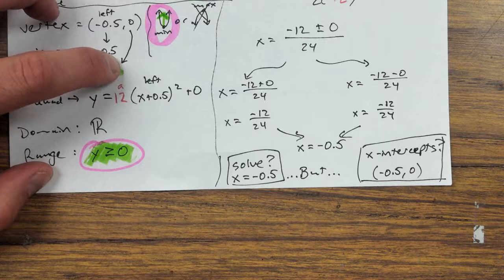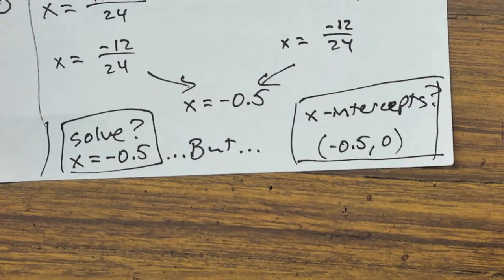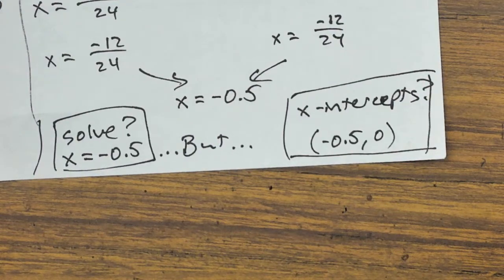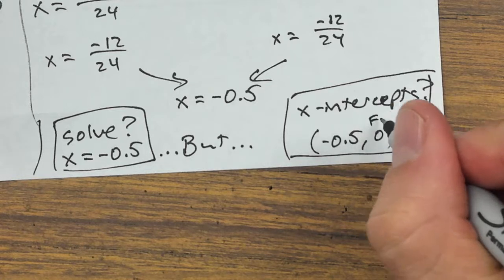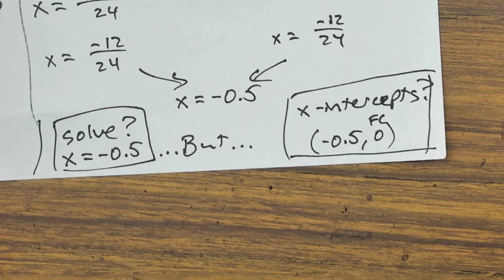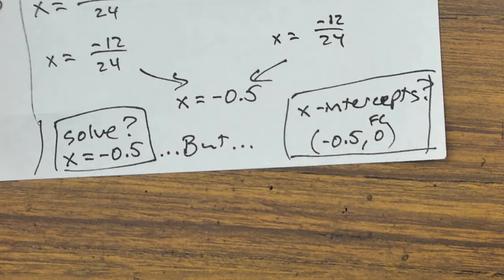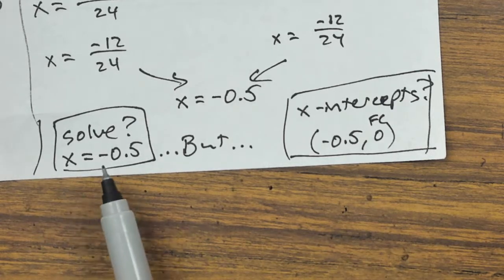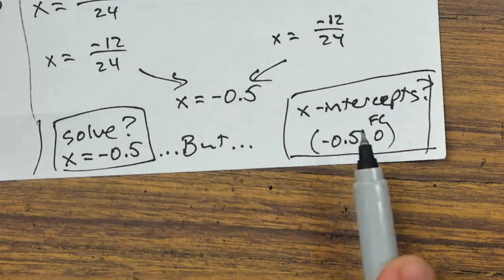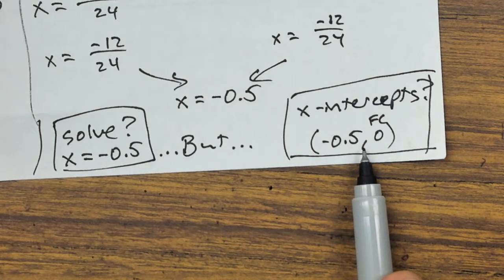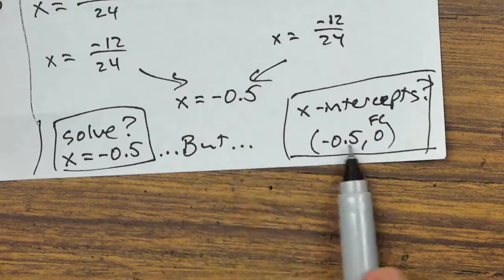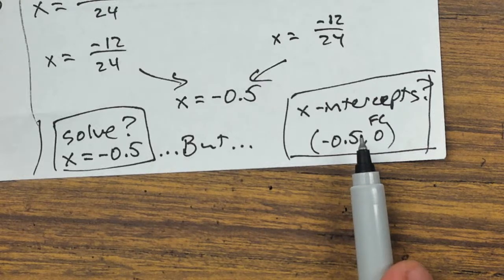Now, why is the y position 0 for x-intercepts? Does everybody remember what happens when you have x-intercepts on the function catalog? Y must be 0. So depending on the question, if it says solve, you write this answer. If it says x-intercepts, you have to write this answer. If you give me the wrong answer, that's going to be a small deduction.